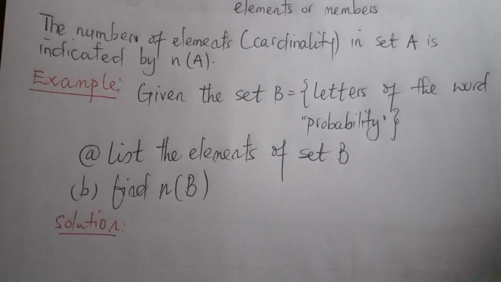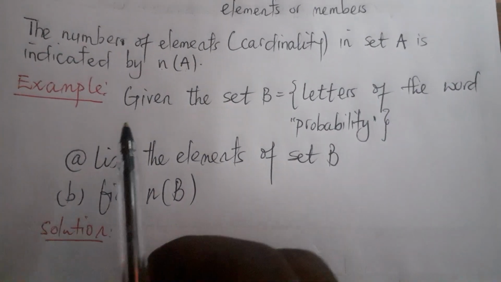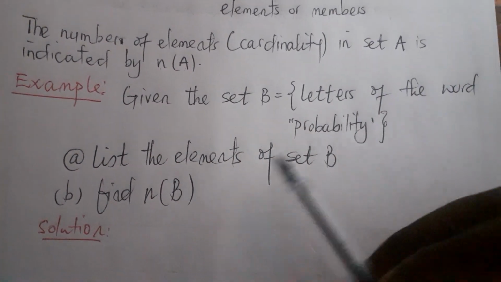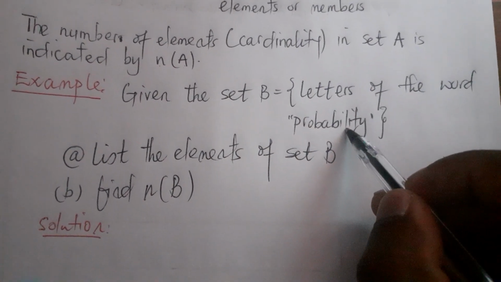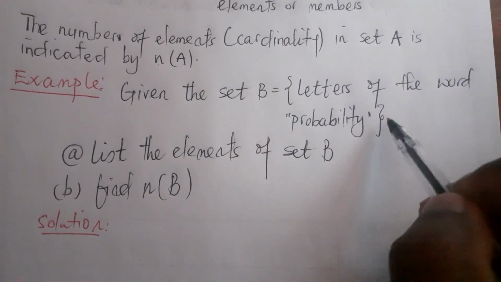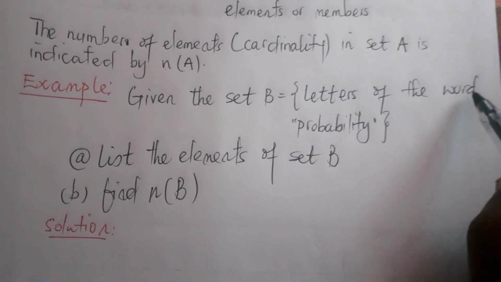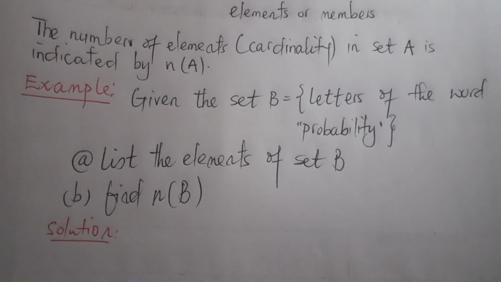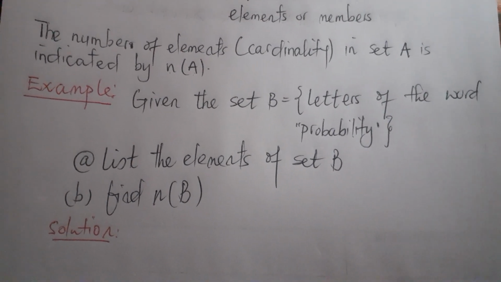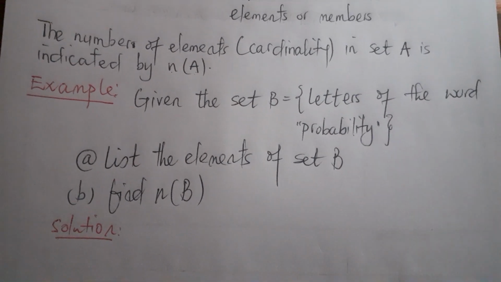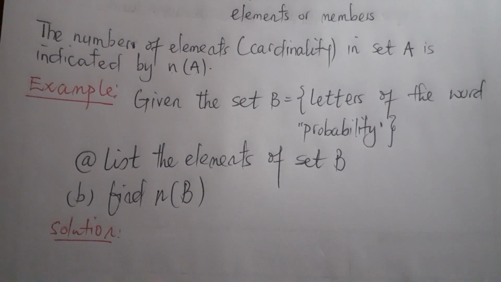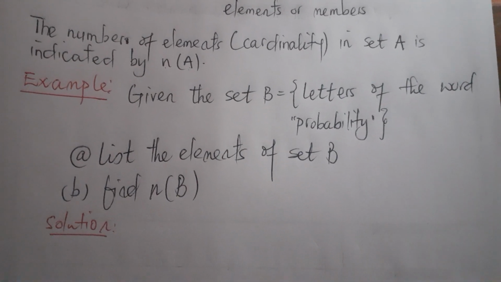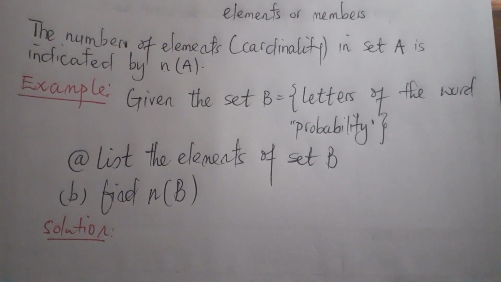Let's look at an example. Given the set B, letters of the word probability. You can see we are using curly brackets, and here is a description. Normally, when we talk of sets, what we can have inside the curly brackets can either be a description, or you can have letters or maybe numbers or anything that you want.